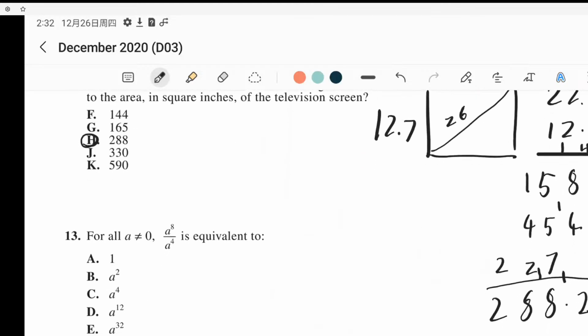13. For all a not equal to 0, a to the 8th over a to the 4th is equivalent to what?